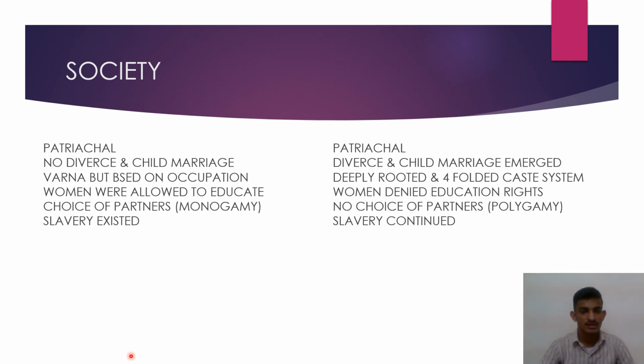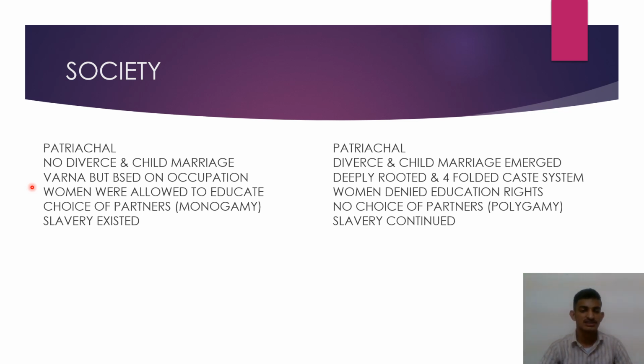Society. We'll see in detail about the society of the Vedic age. The total Vedic age society is patriarchal and patrilineal. It means that the society is male dominated, and we will see about the early Vedic age society. There is no concept of divorce, and there were no child marriages during the early Vedic age, and there is a classification that is known as Varna, but not based on the birth, it is based on the occupation.